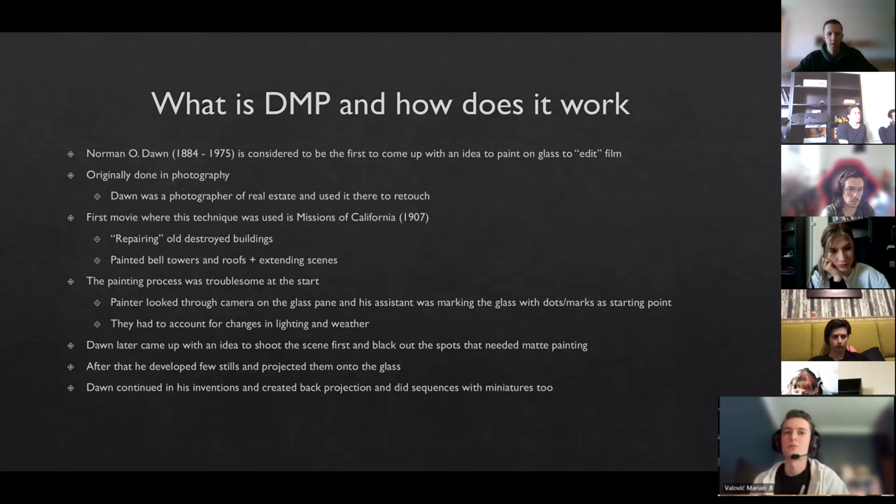As I said, it was originally done in photography, and Mr. Dawn was the photographer of real estate, and he used it to retouch the buildings. The first movie where this technique was used was Missions of California, which was to repair all destroyed buildings and extend the scenes with roofs and bell towers.